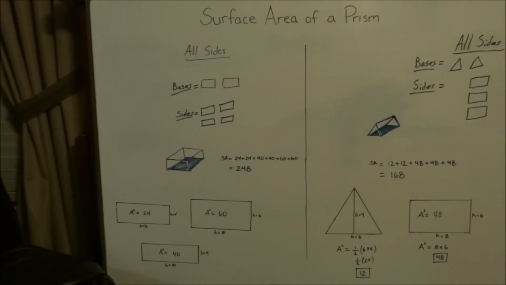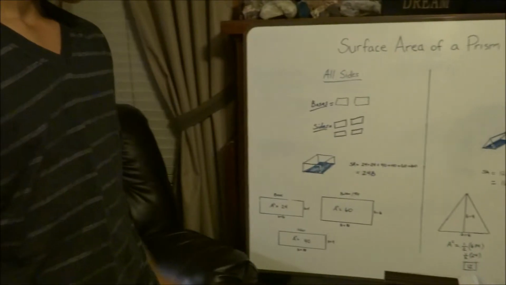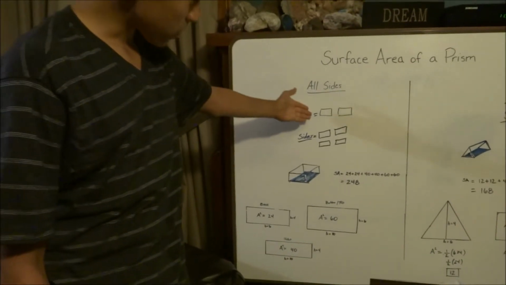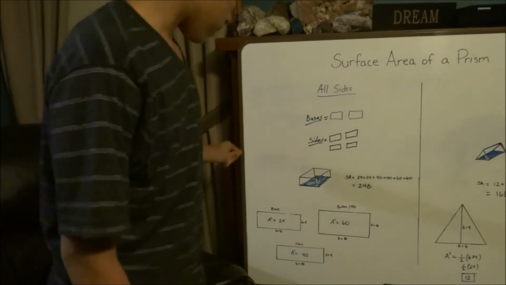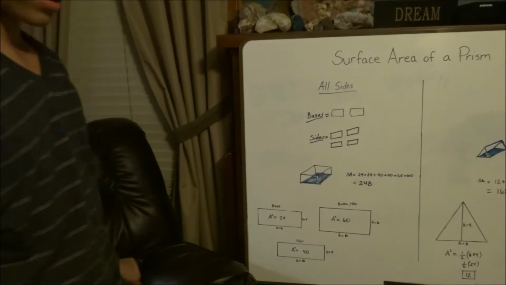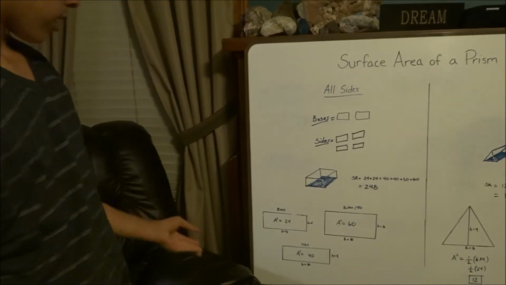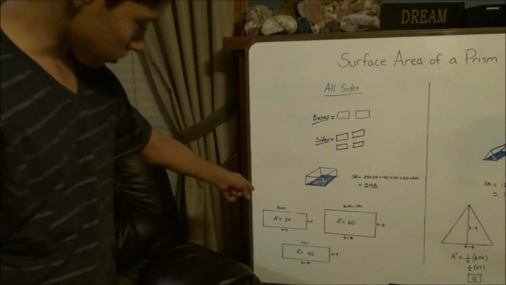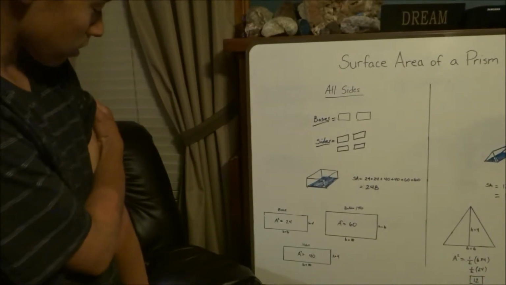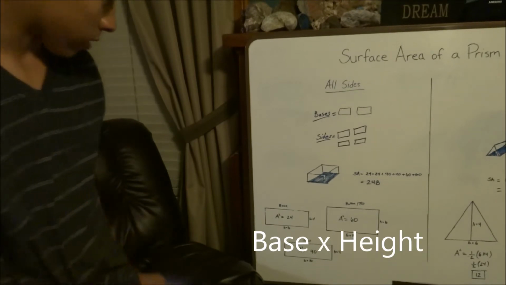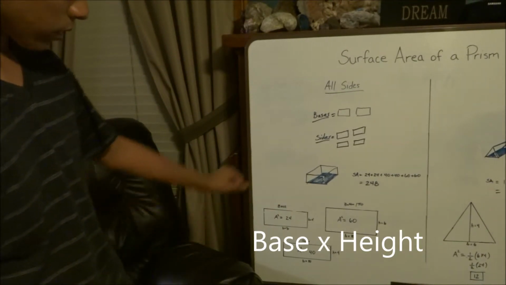Let's move on to our rectangular prism. As you can see, these are all the sides of the rectangular prism below. I'm going to separate this into parts, so we'll start out with the base. As the formula goes, to find the area of a rectangle, it's the base times the height. So I would do 6 times 4, which equals 24.